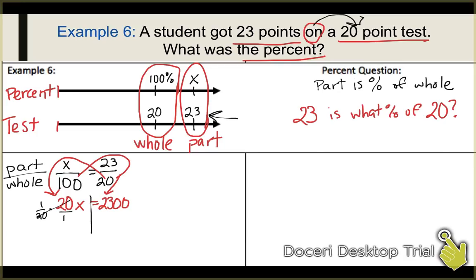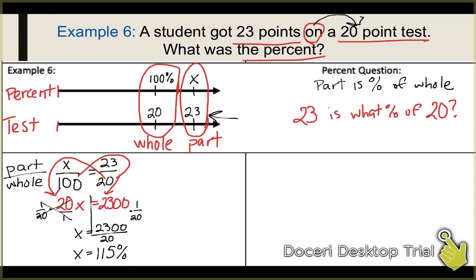So these cancel each other out. And over here, I have to do the same, because what I do to one side of the equation, I have to do to the other. So now I have x is equal to 2300 over 20. And if I were to divide this on my calculator, I get 115%.